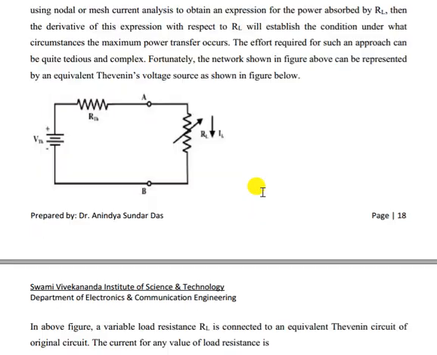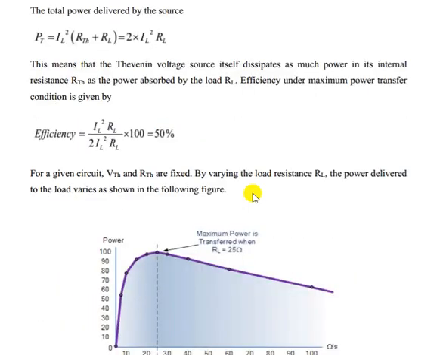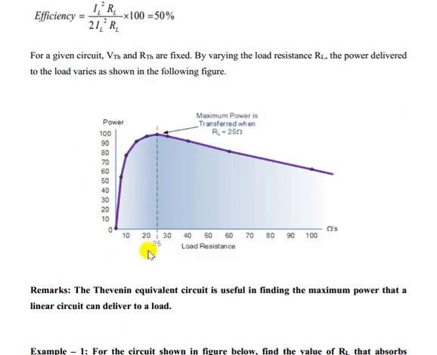Now, how can we find out the maximum power? What is the condition for that? For any circuit, if load resistance increases, power increases and reaches a maximum, then starts decreasing again. Now, if we find the derivative of dP with respect to dRL, that is the slope.